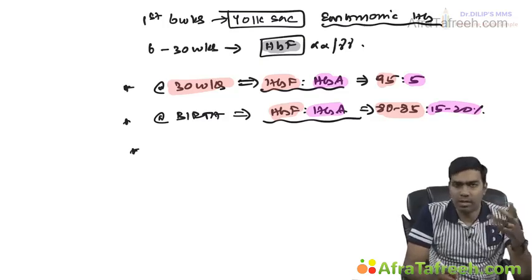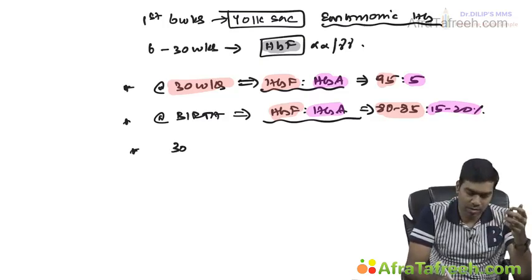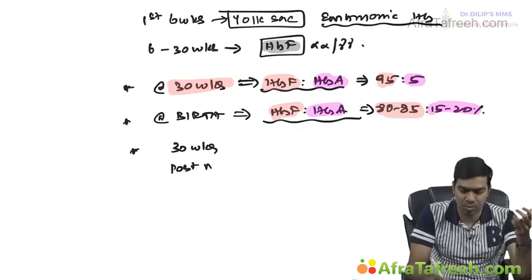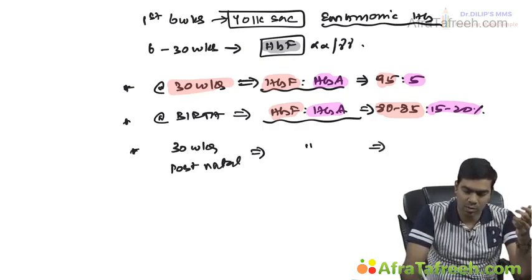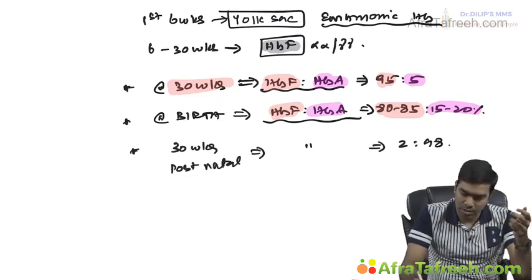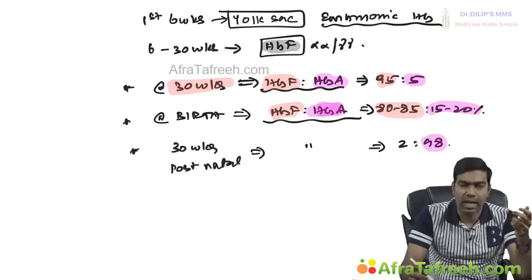But if you ask me, around 30 weeks in the postnatal period, that is after 6 months, you can see the HbF to HbA ratio will be somewhere around 2:98 approximately, which means 98% is going to be HbA and only 2% is going to be HbF.